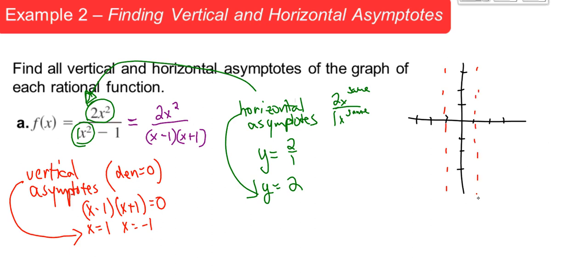My horizontal asymptote, which I'll color code, is at y equals 2. So that's what's happening there.